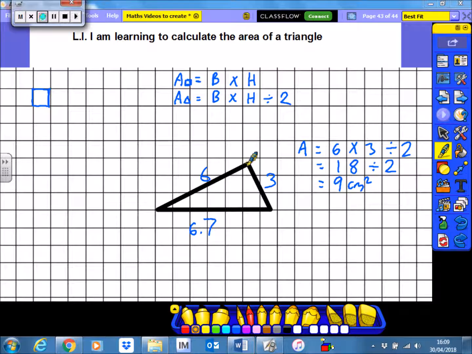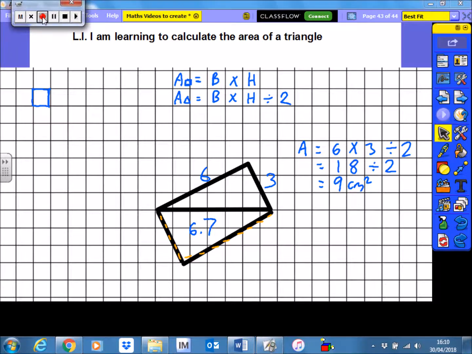So let's imagine that this stays as a rectangle here. What we would have is another line coming down here to complement this line here. So there would be a mirror image of the 3 here, and then there'd be a mirror image of the 6 here.